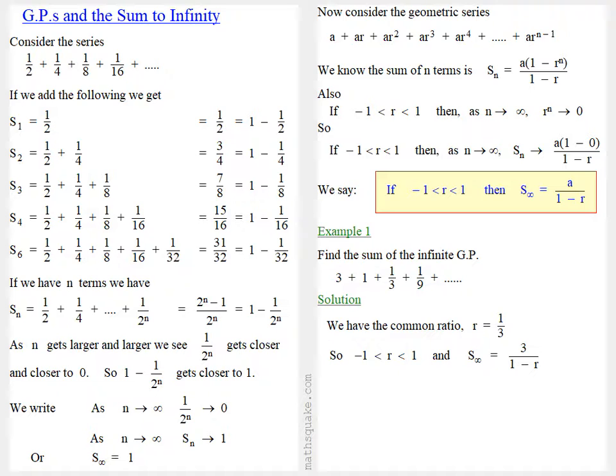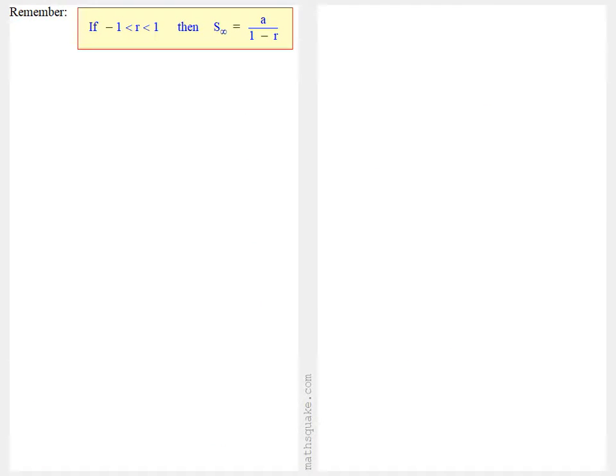Now r is a third, so the sum to infinity is 3 over 1 minus a third, which is 3 over 2/3. And if we multiply the top and the bottom by 3, that gives us 9/2 or 4.5. So the sum to infinity is 4.5. So we have a formula for the sum to infinity which we should remember.